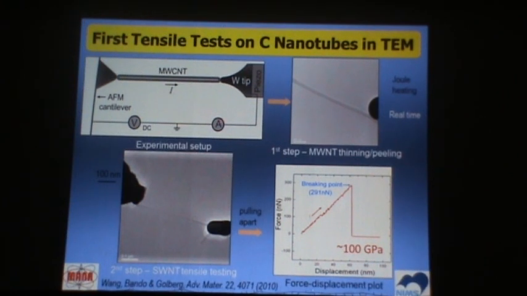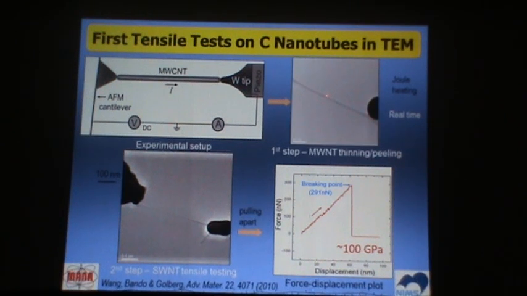So that means we can put current into the structure. And you know that when you put current into a conductor, you get so-called Joule heating. You can heat the structure up to very high temperatures. And because carbon has some sublimation at high temperatures in vacuum, if you look carefully at this part of the tube, you can see this is the hottest spot because it's almost in the middle.